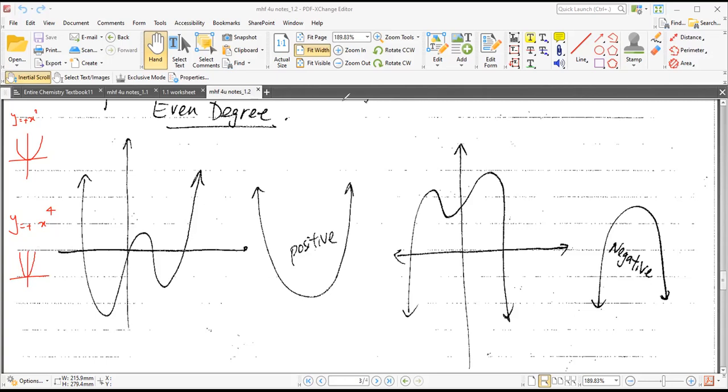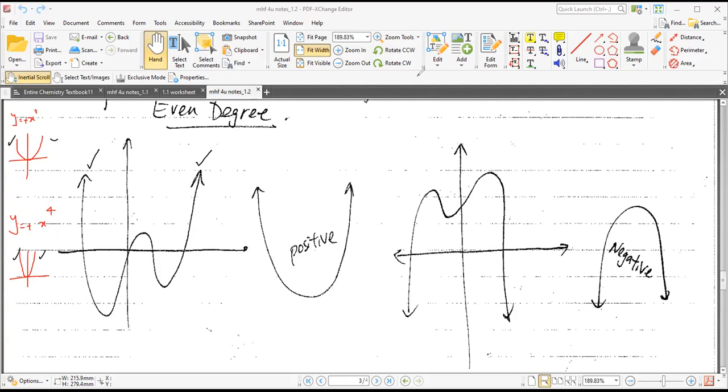So as you see, it starts in quadrant 2 and ends in quadrant 1. If your degree is even and the leading coefficient is positive, you're starting from quadrant 2 and ending in quadrant 1. See, this picture is even degree and positive leading coefficient.